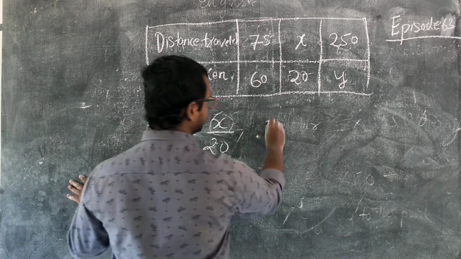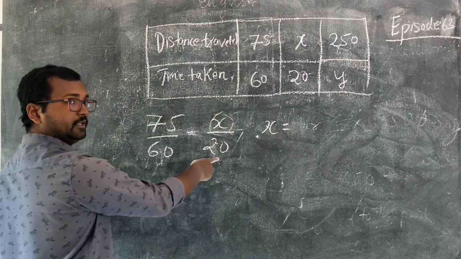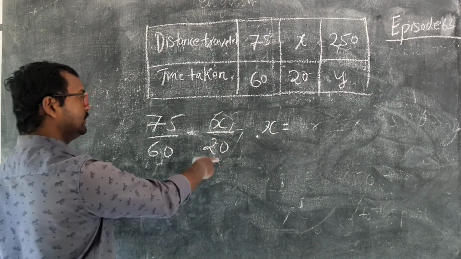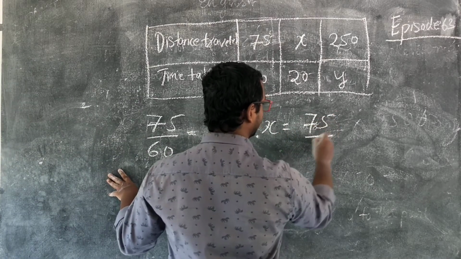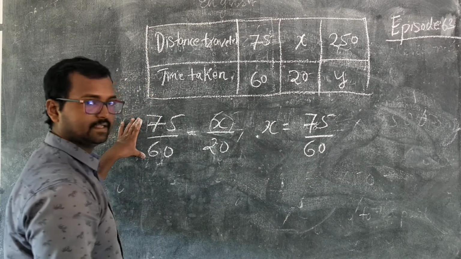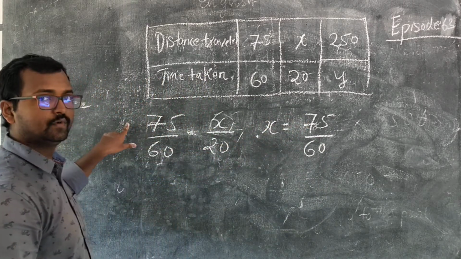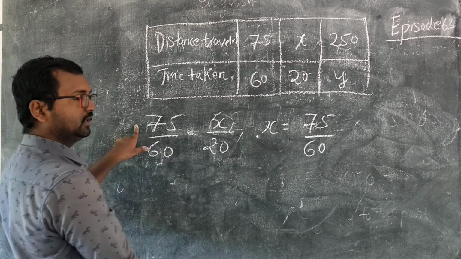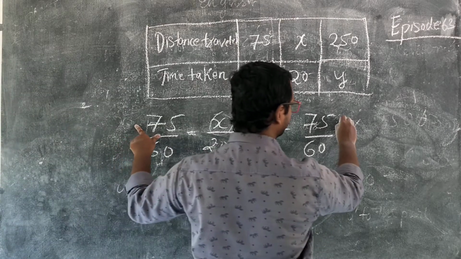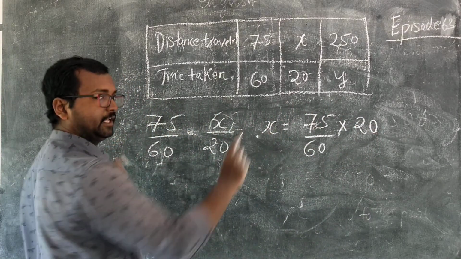So we will keep x here, and we will move 20 from here. When we move 20 from here, it will go to the numerator. Already here we have 75 and 60. Now this 20 has to move towards x. When we do cross multiplication, it will come to the top in the numerator. Division will become multiplication.